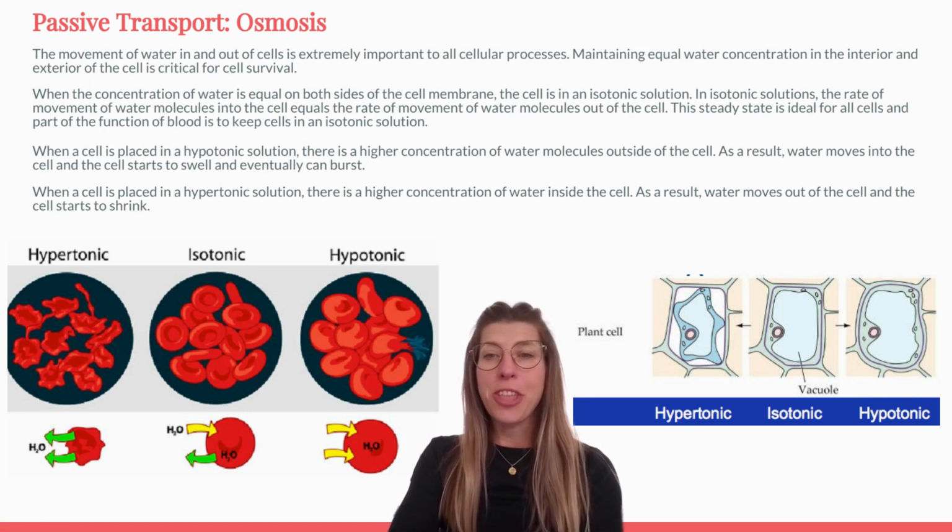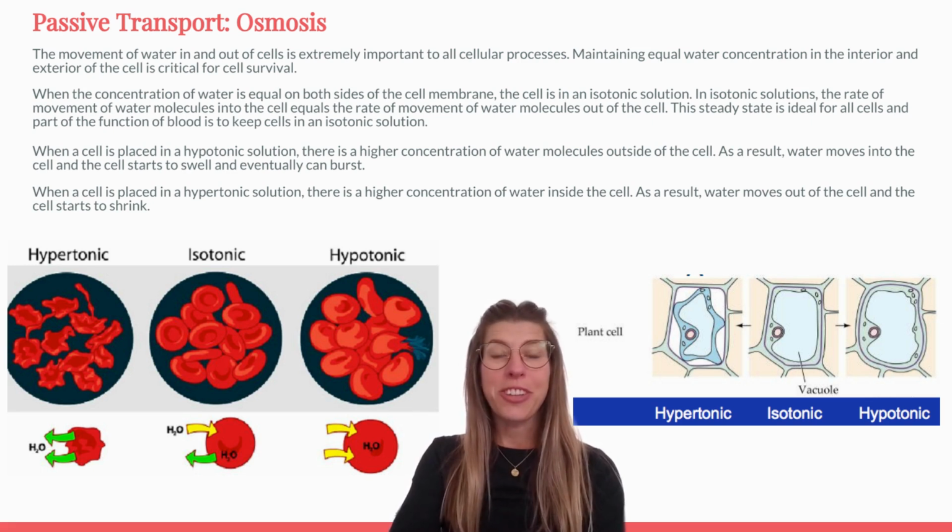This is the ideal state that cells would be in because everything is balanced. Living things want a balanced state. In the isotonic solution, for both the red blood cells and the plant cells, water is equal on both sides of the cell membrane. The rate of movement of water molecules into the cell equals the rate of water molecules moving out of the cell. It's perfectly balanced.